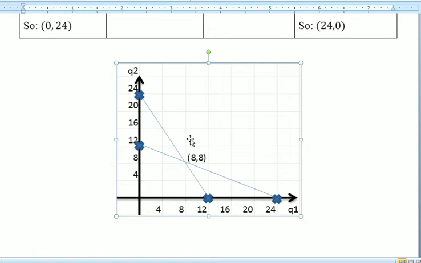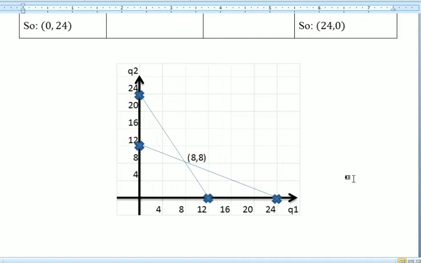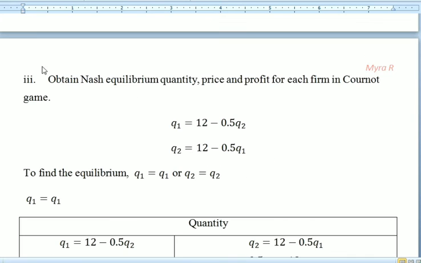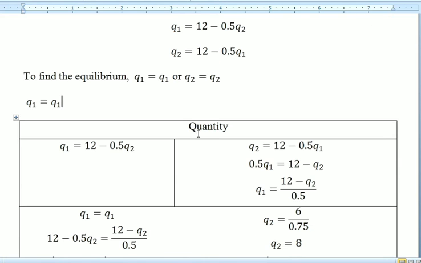Then we are going to obtain the Nash equilibrium quantity, price and profit. We rewrite Q1 and Q2. To find the equilibrium, we need to equalize Q1 equals Q1, or Q2 equals Q2. In this case, I use Q1 equals Q1.